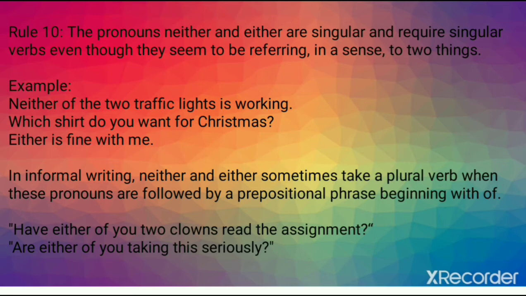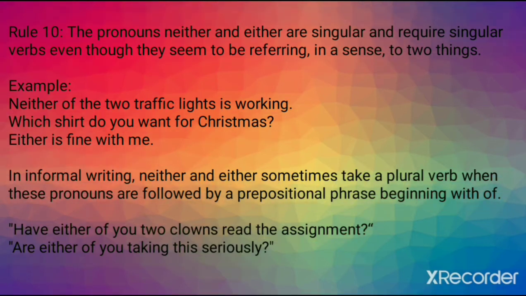In informal writing, neither and either sometimes take a plural verb when these pronouns are followed by a prepositional phrase beginning with of. This is particularly true of interrogative constructions. For example, have either of you two clowns read the assignment? Are either of you taking this seriously? So here, have and are are the verbs.